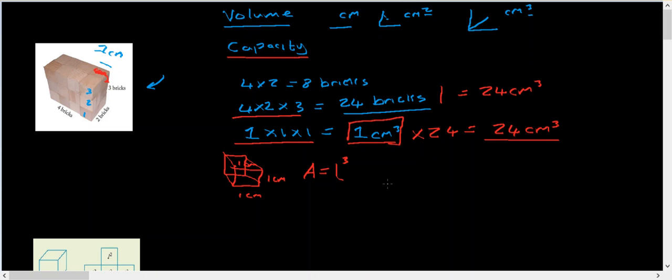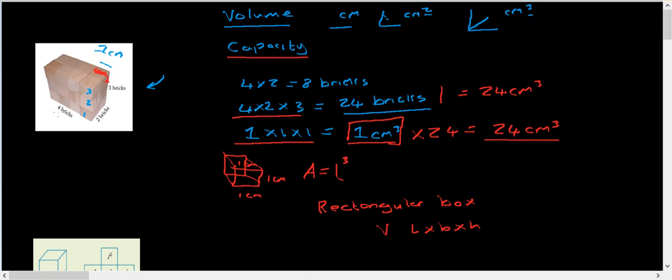So if we are dealing with a rectangular box, the volume is going to be given by length, by breadth, by height.